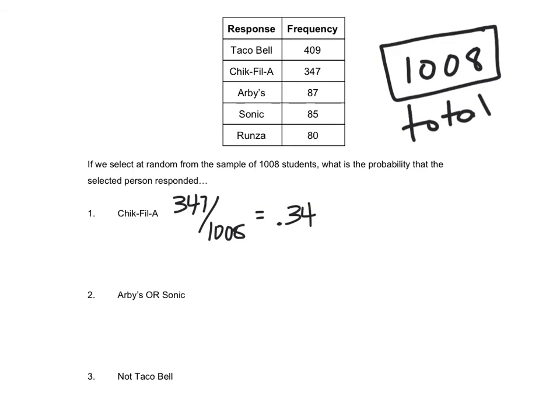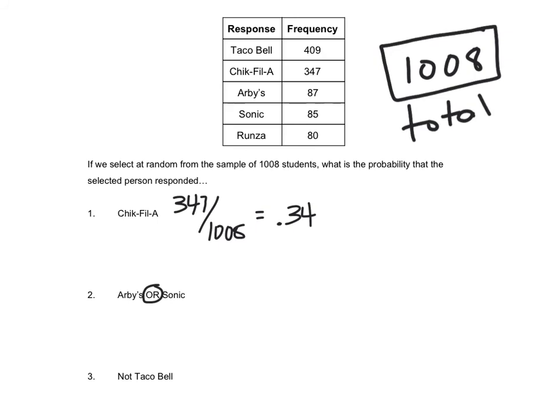Now, next problem. There's a key word in the next problem. It wants to know the probability that the selected person responded Arby's or Sonic. Or means we add. If you remember, when we see or, that means we're going to add. These are separate things.